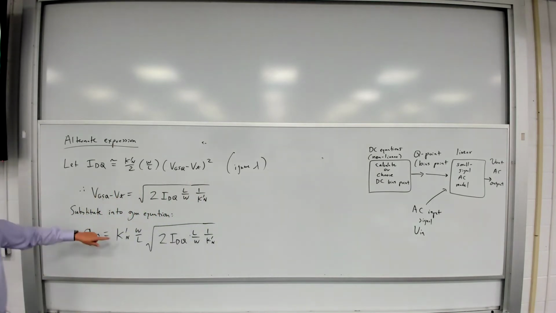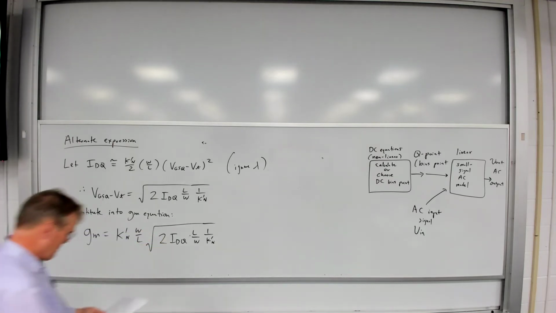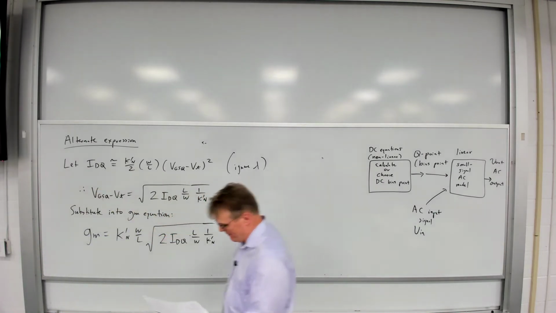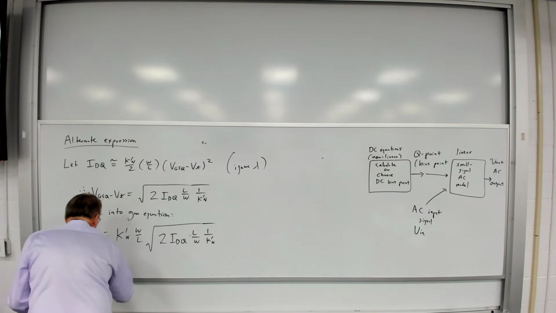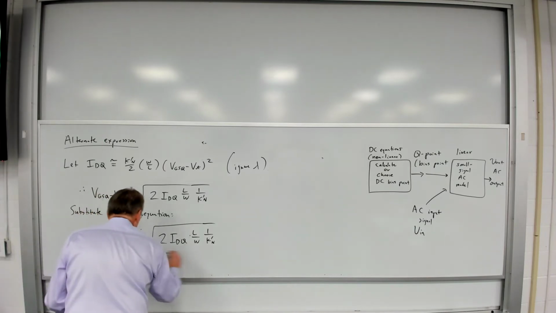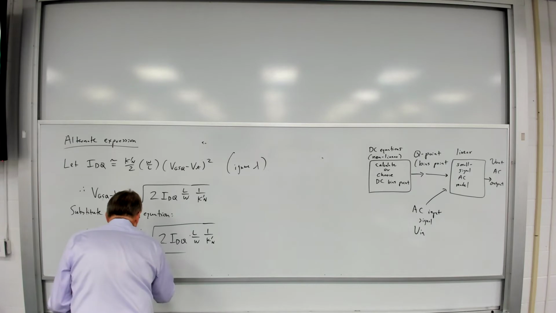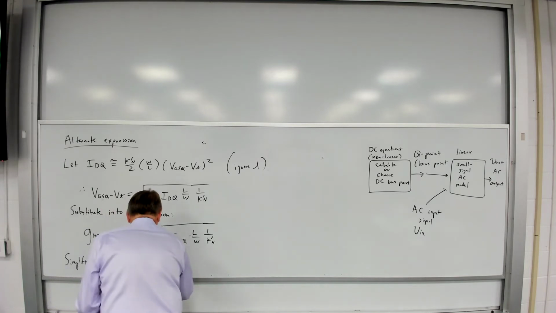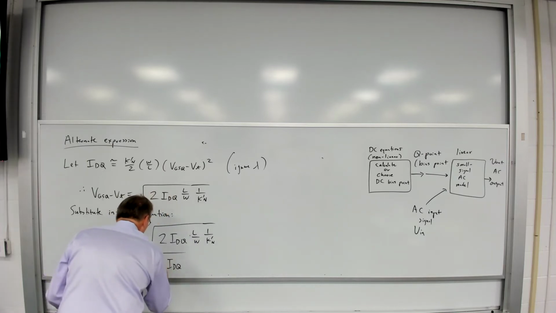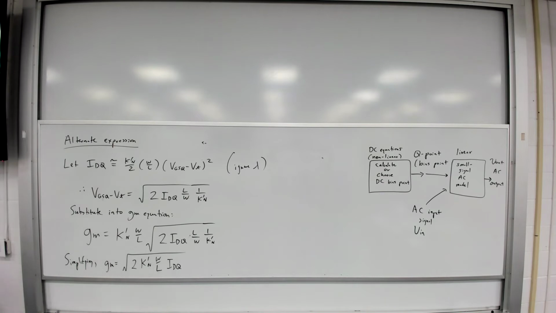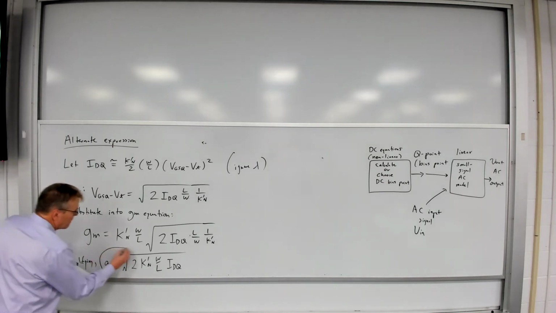Once I've done that, I'm going to factor the W over L and K prime N into the square root. Simplifying, GM will be equal to the square root of 2 times K prime N times W over L times IDQ. And here is another equation for GM.